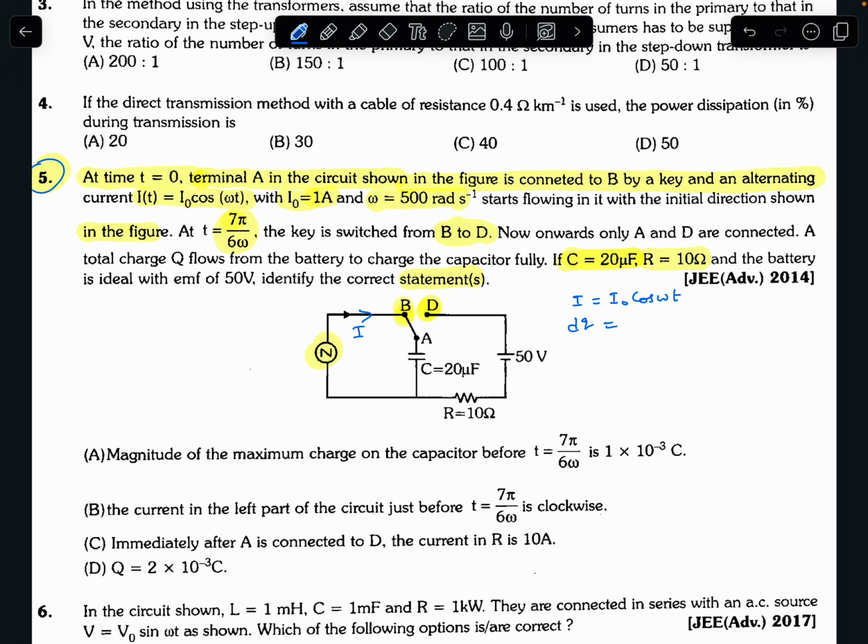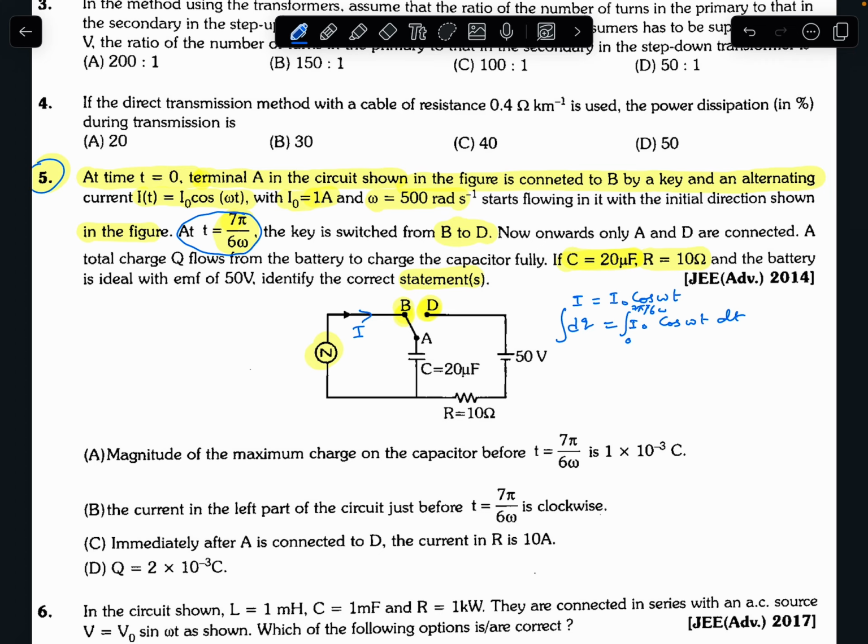So dq equal to I naught cos omega t dt. Integrate it from 0 to 7 pi by 6 omega, because the capacitor is getting charged only till this time. After that it is disconnected and connected to D.